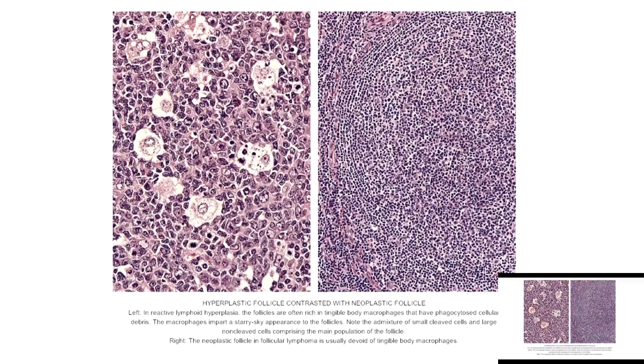Macrophages, as we know, have dual purpose. They can kill, but they also serve another important purpose, and that is cleaning the debris. So why do we see macrophages in reactive follicles? Because in reactive follicles there is a lot of cell turnover. Cells are being formed, but cells are also dying, and those lymphocytes are dying from apoptosis, and macrophages are required to clear the debris.